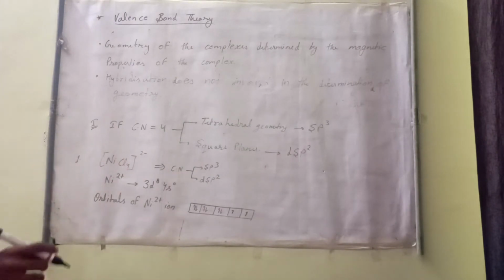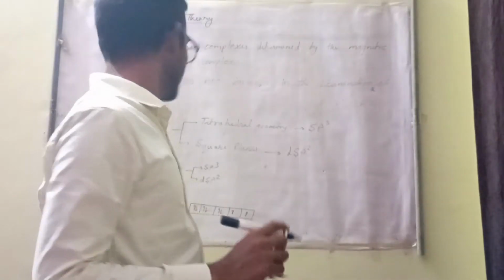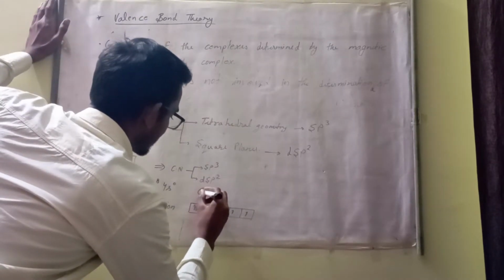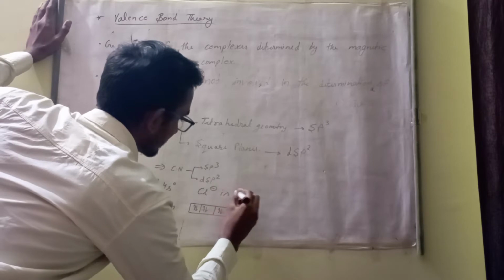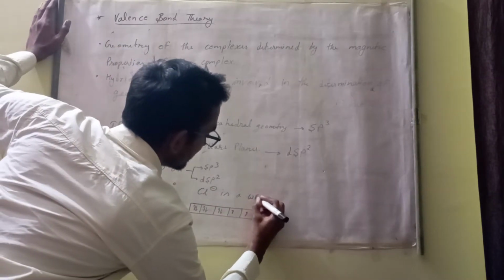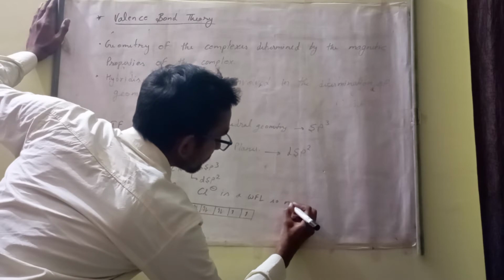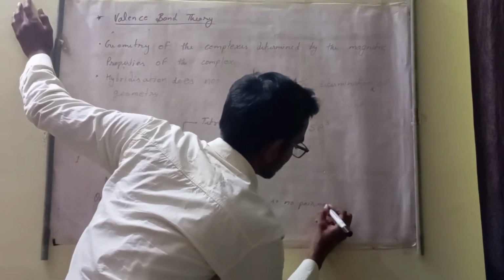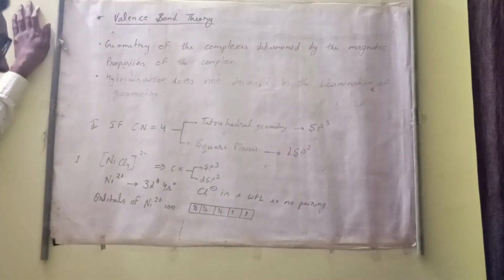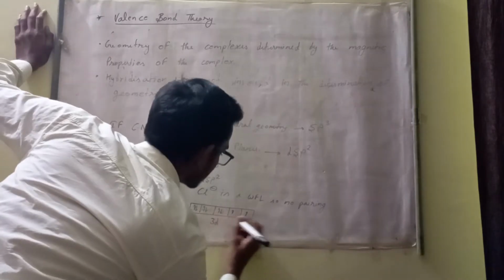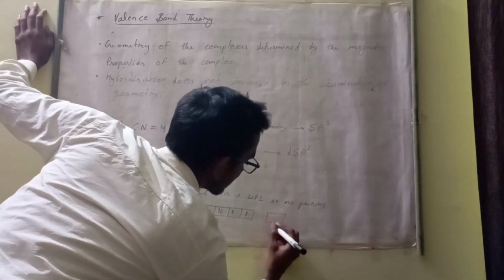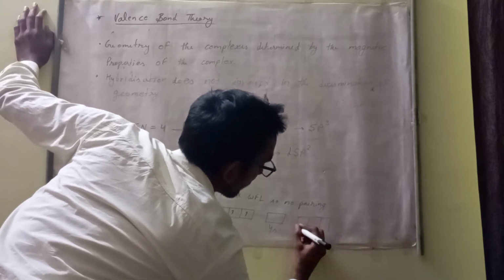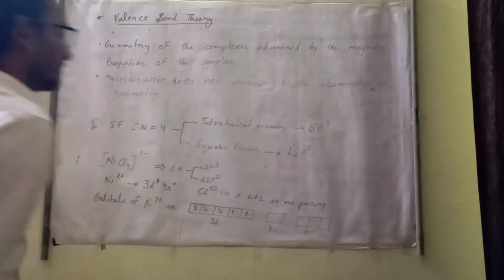As we know, Cl minus is a WFL, weak field ligand, so no pairing. This is your 3d, this is your 4s, this is your 4p orbitals.